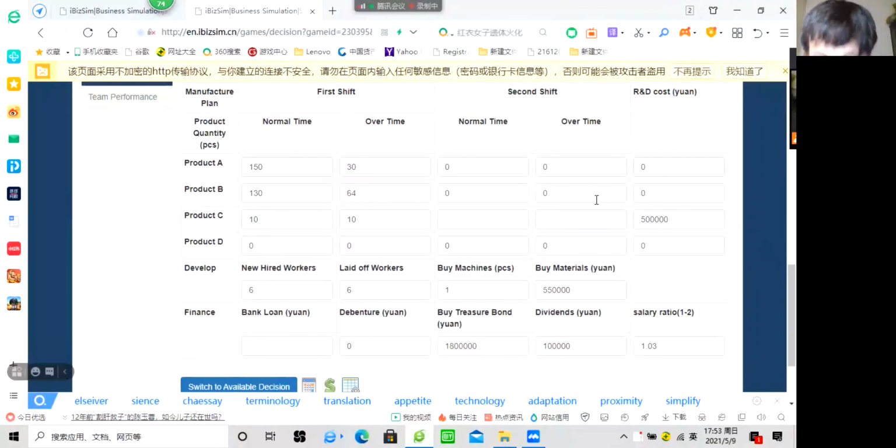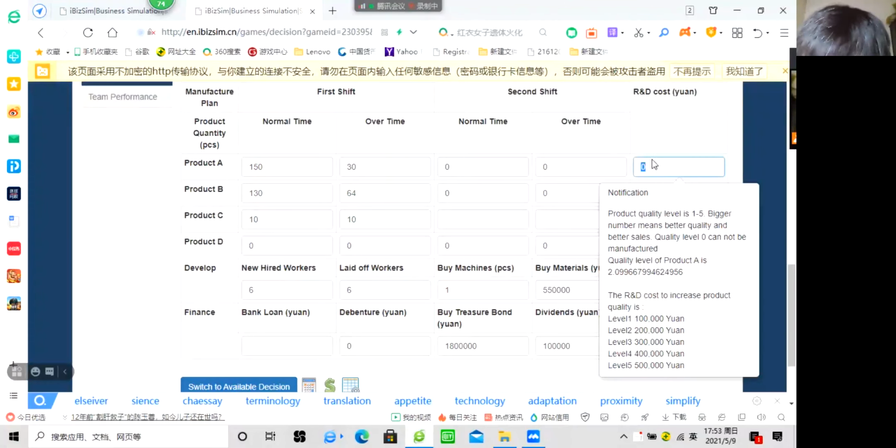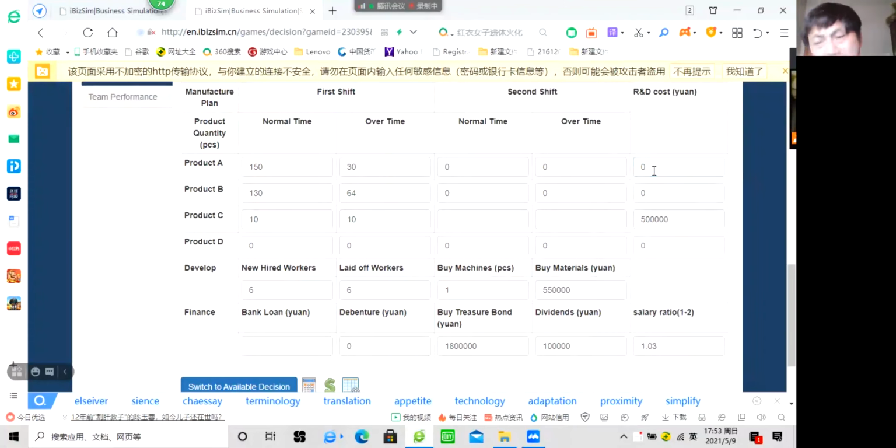If we raise our quality level, we decrease the bad product level. Now it's still 5% bad product level, and qualified products are just 95%. So yes, you can still put 0 here. If you save the money in R&D, the quality level is still very low.